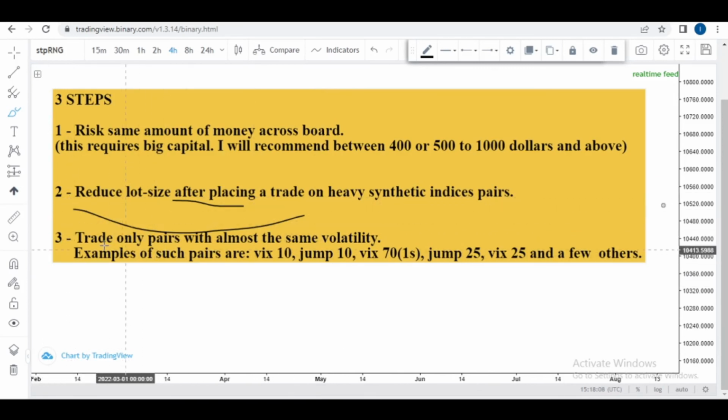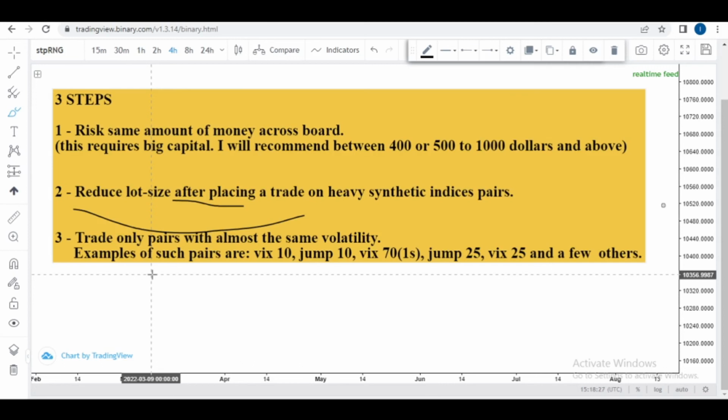The third step to manage your risk in synthetic indices is to trade only pairs with almost the same volatility. If you ask me, this is the easiest among the three steps.